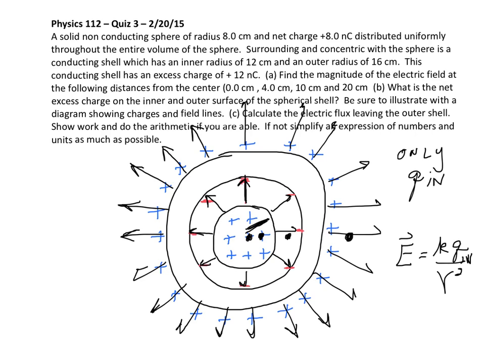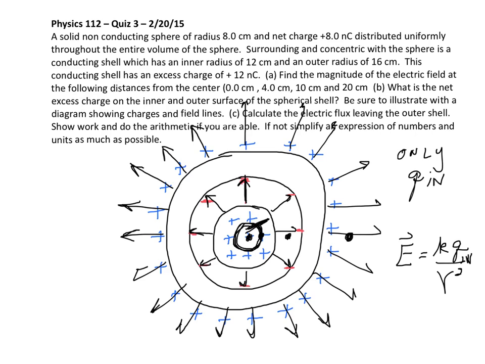But if we're thinking about this Q inside, we know that if we look at this point, there's no charge inside. If we look at this point, how much charge is inside? Well, it's the charge that's inside this sphere that has a radius of 4. Okay, well, we talked about this in class and most of you forgot.